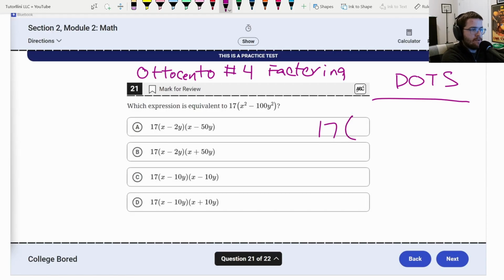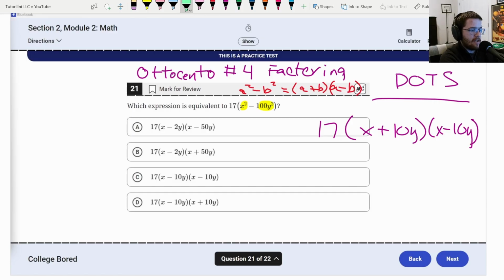The square root of x squared is x, and the square root of 100y squared is 10y. So we're going to do a plus b, a minus b: x plus 10y, and then x minus 10y. And that gives us answer choice D.